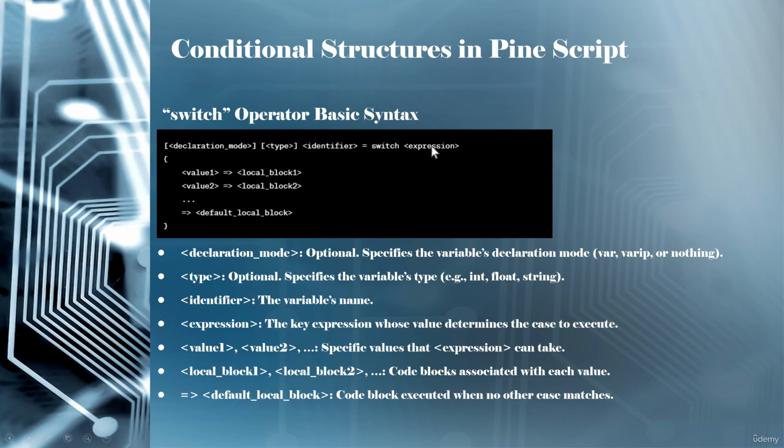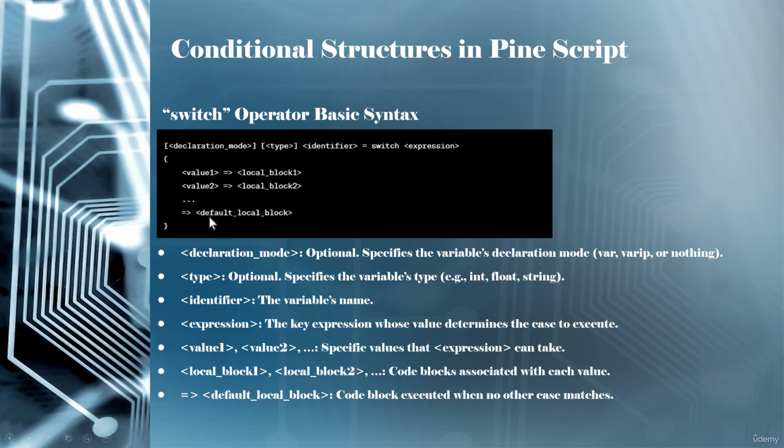If we check this expression, if the expression equals value 1, local block 1 is returned and assigned to this identifier. If the expression equals value 2, then local block 2 is returned and assigned to this identifier. Local block 1 and local block 2 are the code blocks associated with each value.